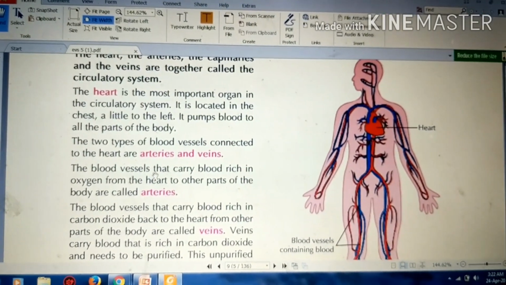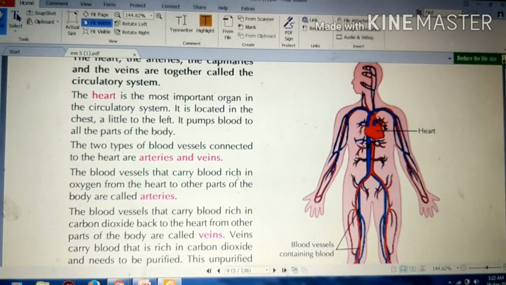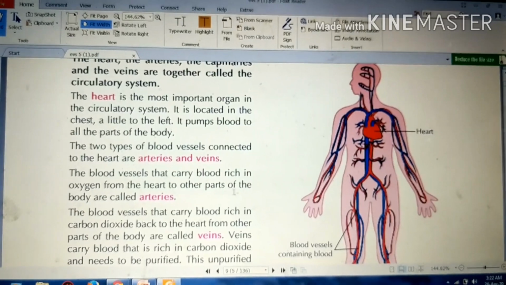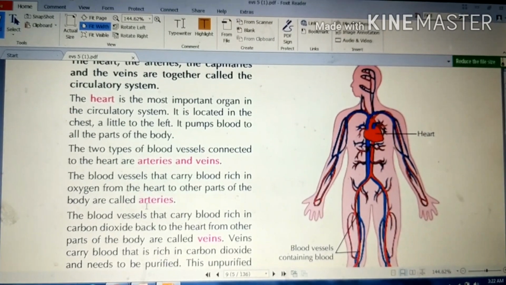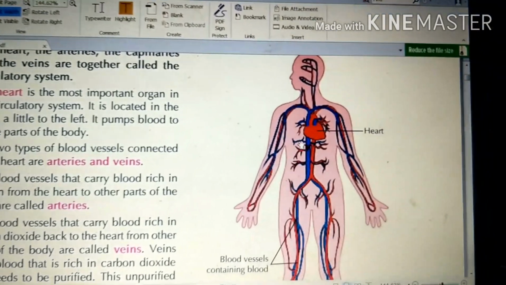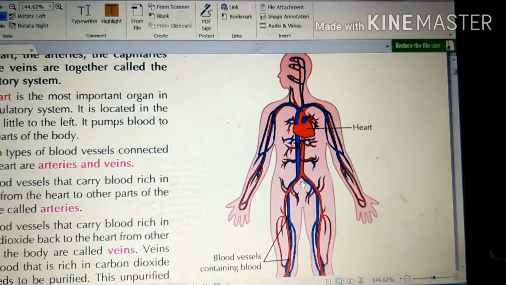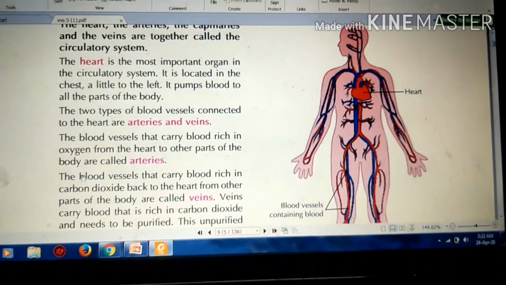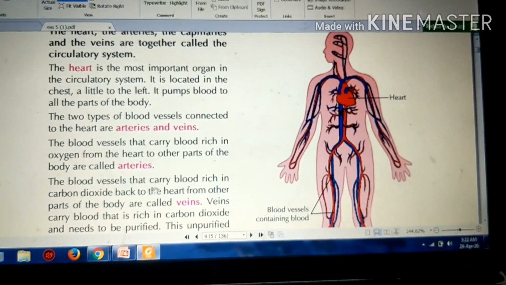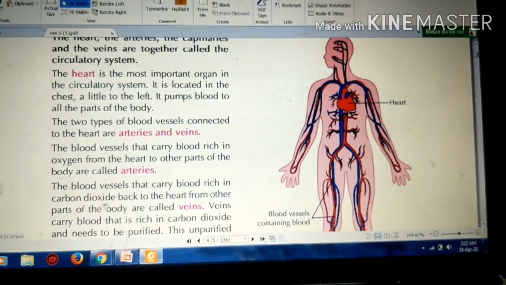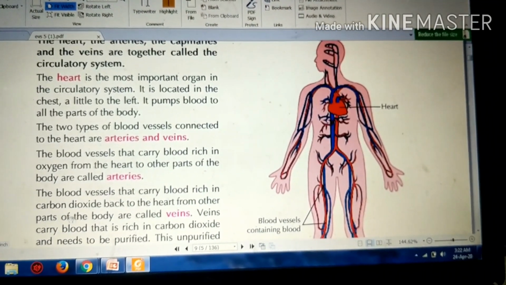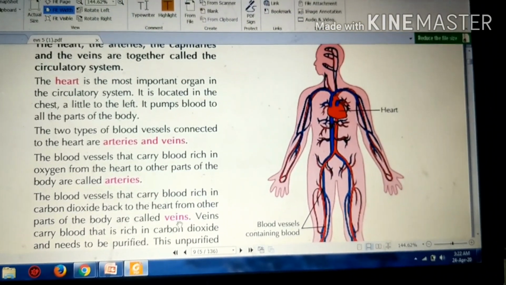The blood vessels that carry blood rich in oxygen from the heart to the other parts of the body are called arteries. Arteries are red in color because they carry oxygen-rich blood. The blood vessels that carry blood rich in carbon dioxide back to the heart from other parts of the body are called veins.